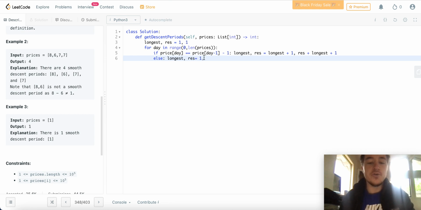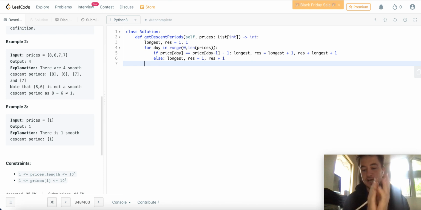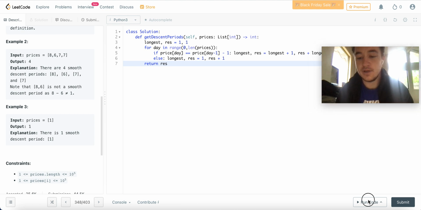And then you get at least one solution for yourself, because a single stock price in a day is a valid solution. And then you return res, because res is the number of solutions that we got.